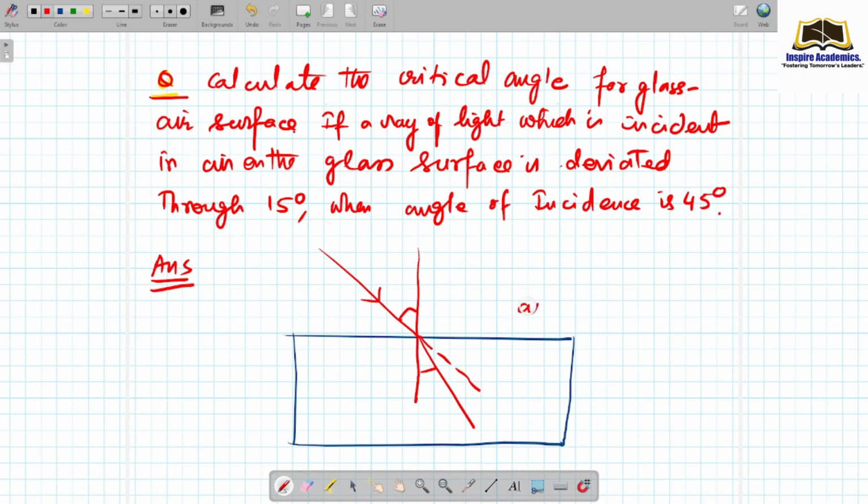So here it is air, right? And here it is glass. Let us try to understand this question. If a ray of light which is incident in the air, so this is an incidence ray, yes or no? Yes. On the glass surface is deviated through 15°. That means this AB would have gone to actually BC, but it is deviated to BD.